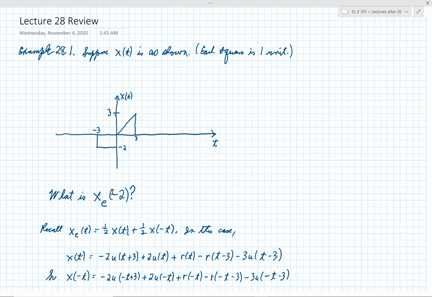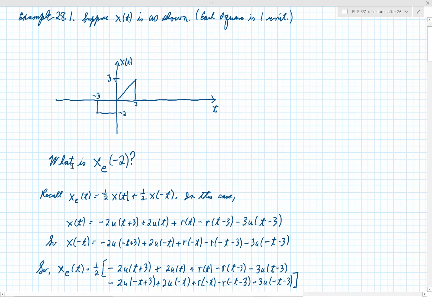The formula for finding xe is that xe is equal to 1/2 x of t plus 1/2 x of -t. On the other hand, xo of t would be equal to 1/2 x of t minus 1/2 x of -t.